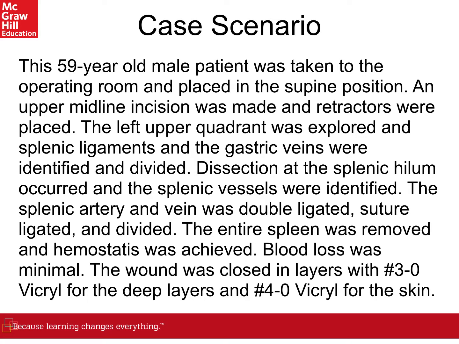Dissection at the splenic hilum occurred, and the splenic vessels were identified. The splenic artery and vein was double ligated, suture ligated, and divided. The entire spleen was removed, and hemostasis was achieved. Blood loss was minimal. The wound was closed in layers with 3-0 Vicryl for the deep layers and 4-0 Vicryl for the skin.